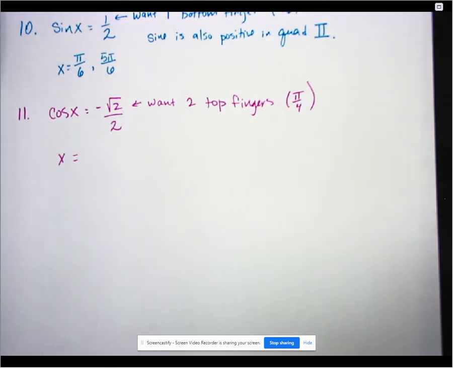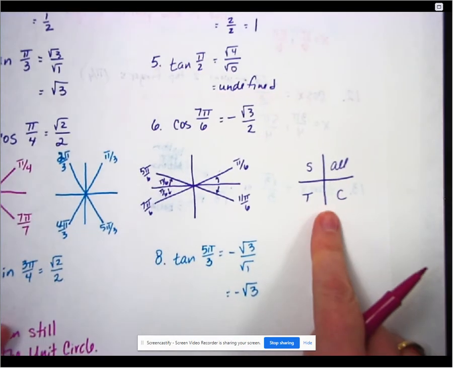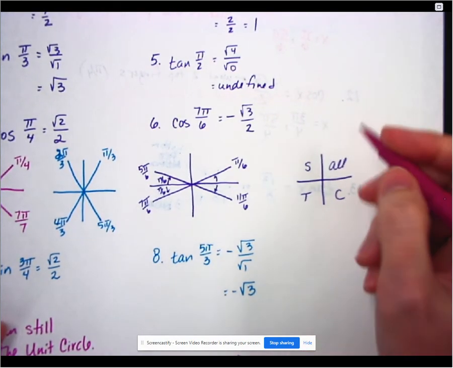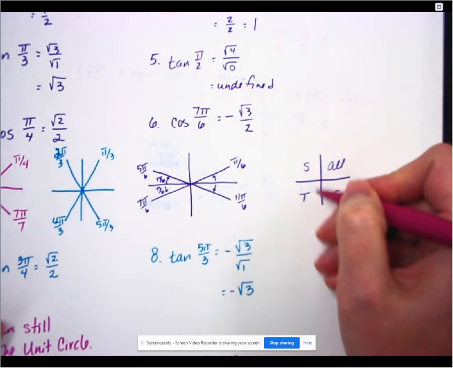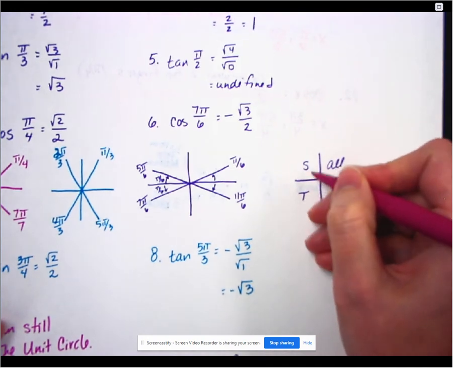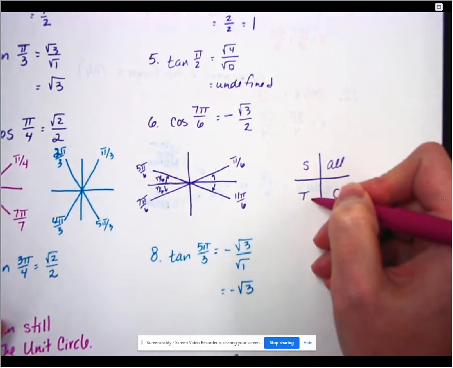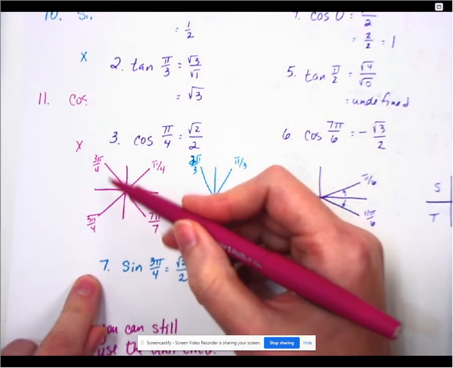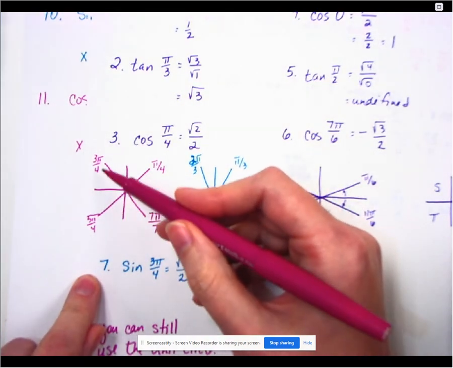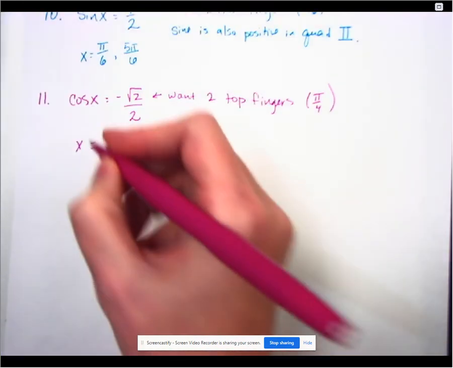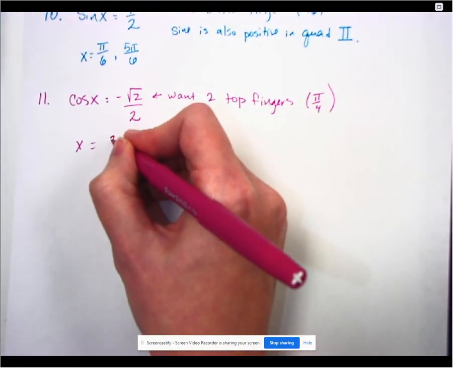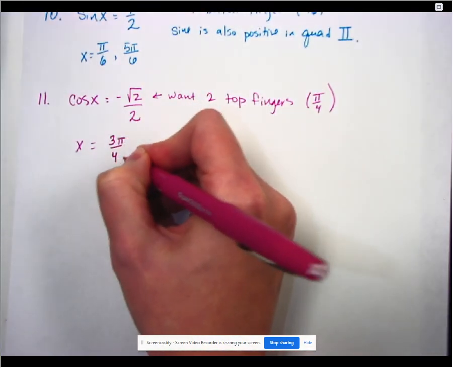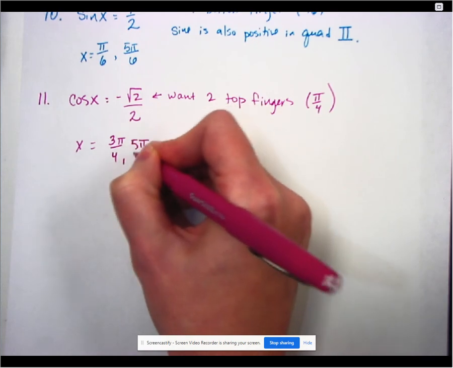So we'll look at our All Students Take Calculus. We want a cosine that's negative, so it's going to be in quadrants 2 and 3. And we would use the pi over 4 angles in quadrants 2 and 3. So it should be 3 pi over 4 and 5 pi over 4.